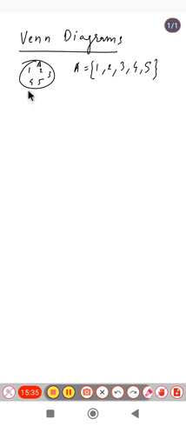In that diagram we have one more topic, that is subset.